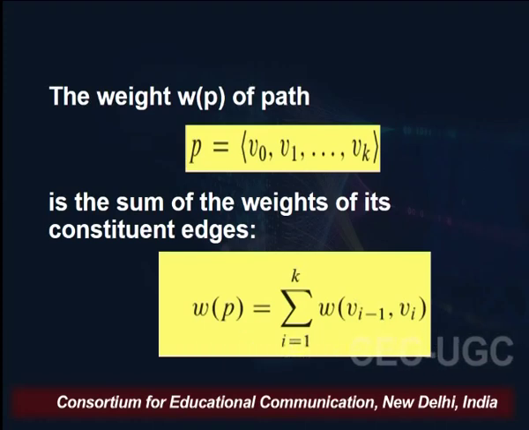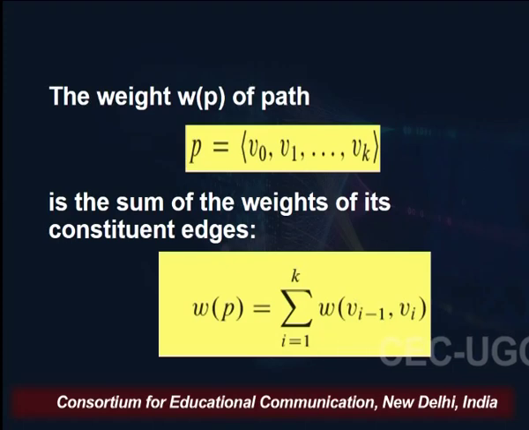Mathematically, the weight of the path is equal to the summation, for i equals 1 to k, of the weights of the edges between the vertices Vi minus 1 and Vi. Starting from V0 to Vk, whatever edges are in the path, we sum those edges and determine this weight W of P. Finally, what are we looking for?